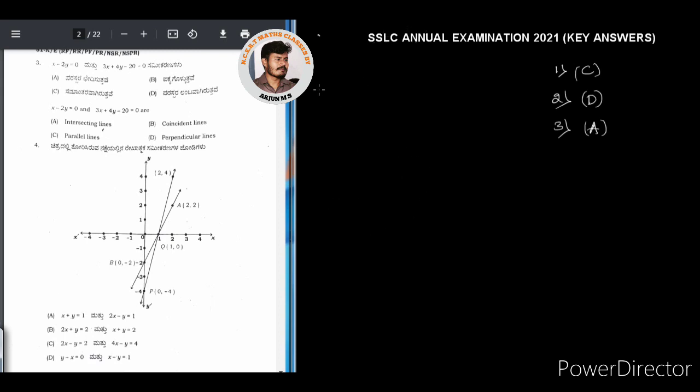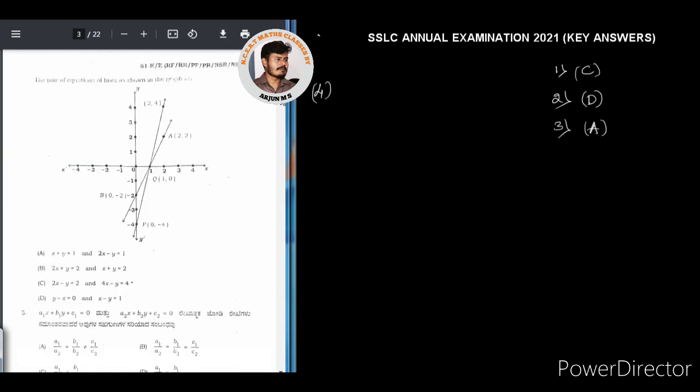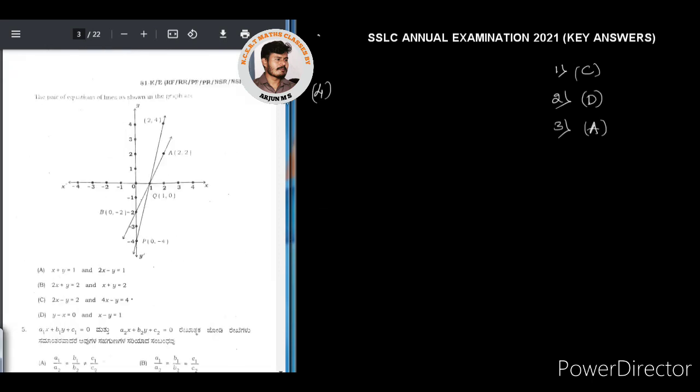In this question, we already know the solution. The given figure, you just observe the question here. The pair of linear equations shown as the graph are. In this graph, they have given two lines. That means these two lines indicate a pair of linear equations in two variables.